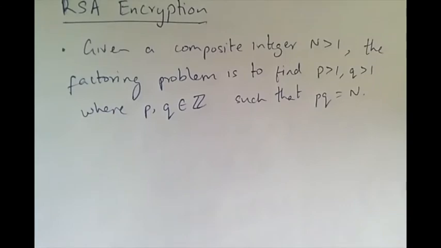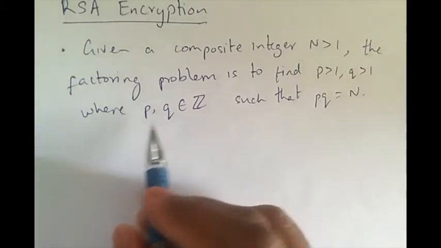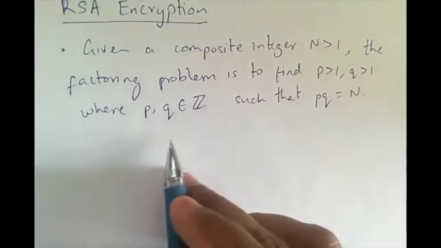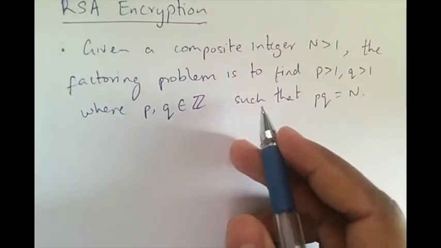So one can always do factoring by trial division. You exhaustively start from the integer 2 up to the square root of n and keep trying to divide n by that integer.